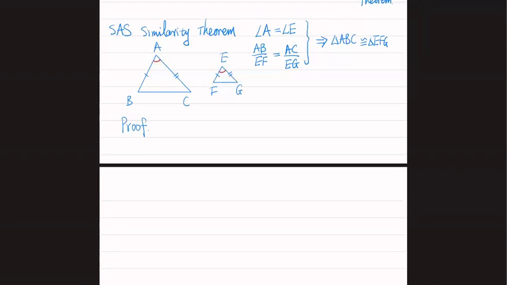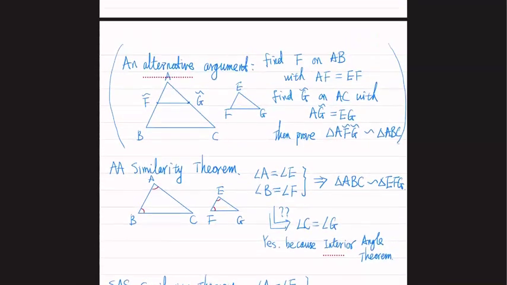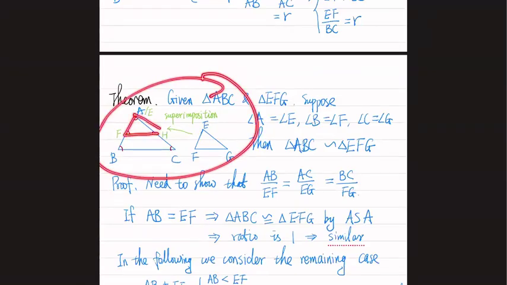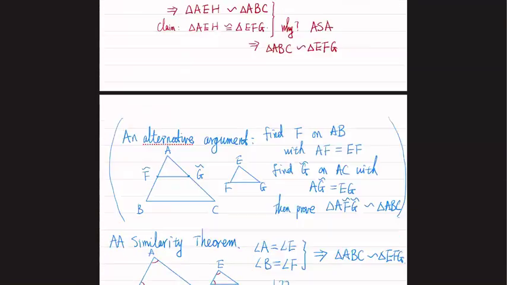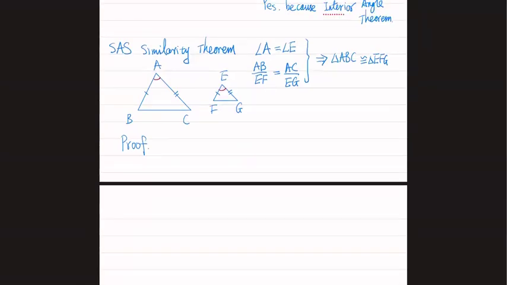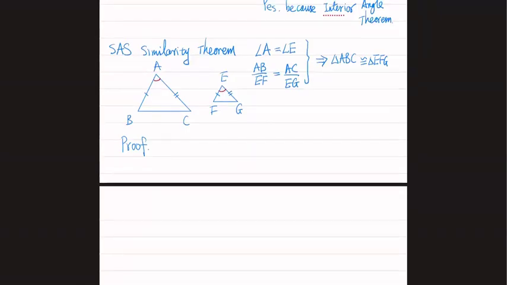So what we will do is follow a similar argument to the previous one. We will make a copy of the triangle. The 2 sides have the same ratio, so I will make a copy of this.